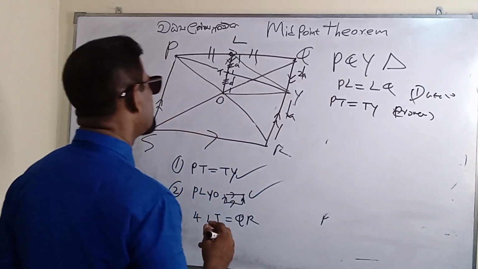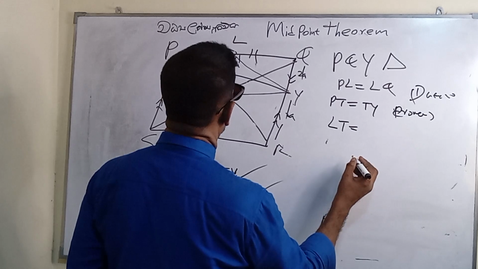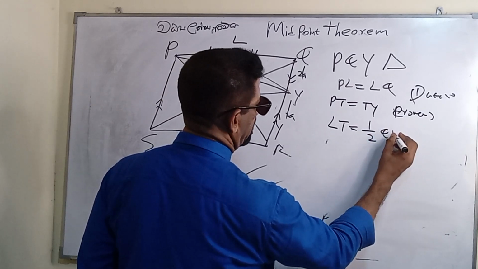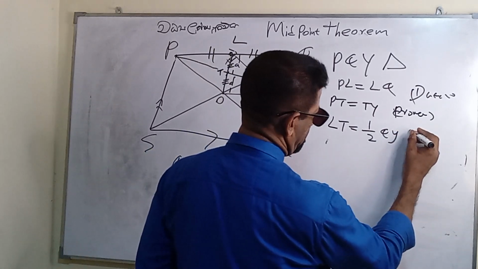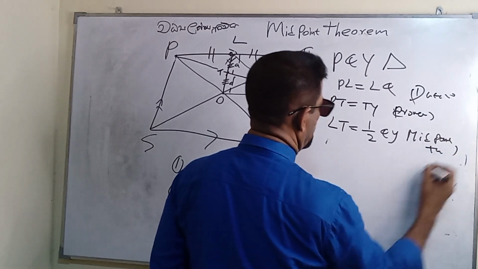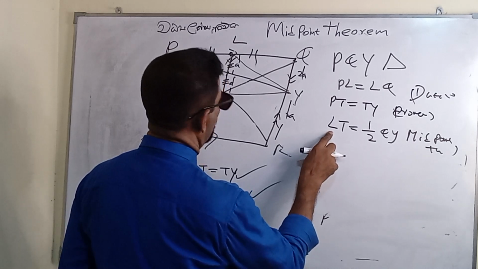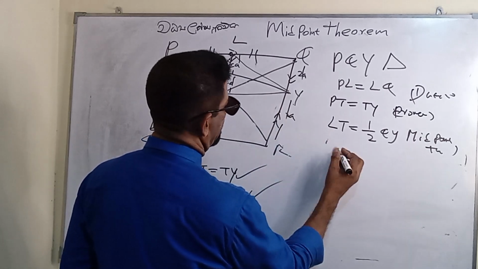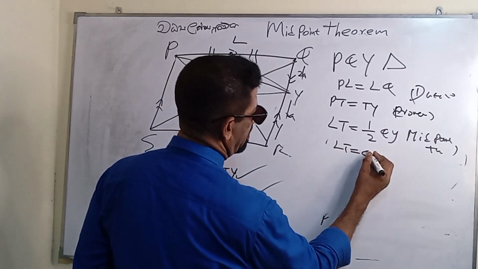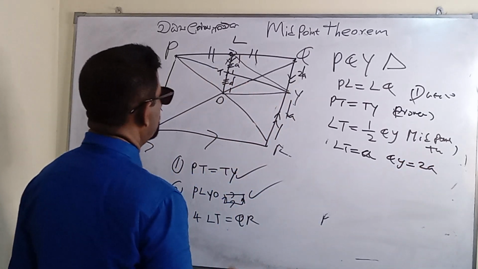So then you can write LT equals half QY, because of the midpoint theorem. The meaning: LT is A, so QY is 2A.